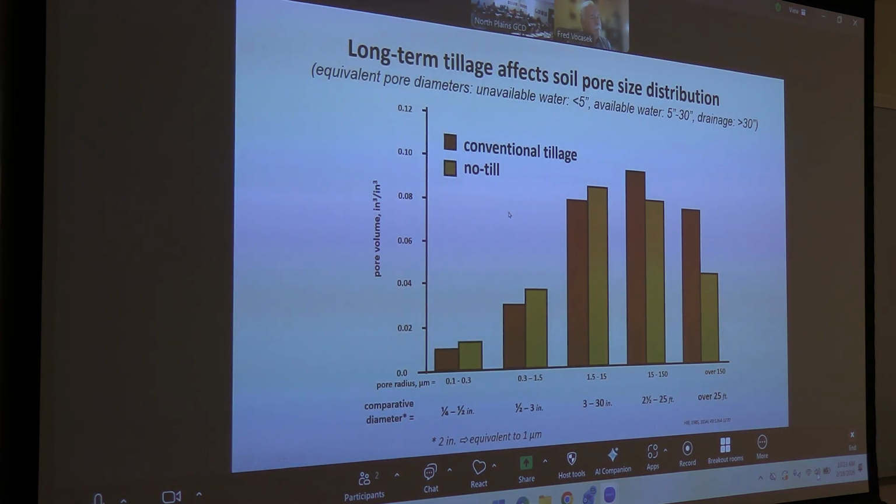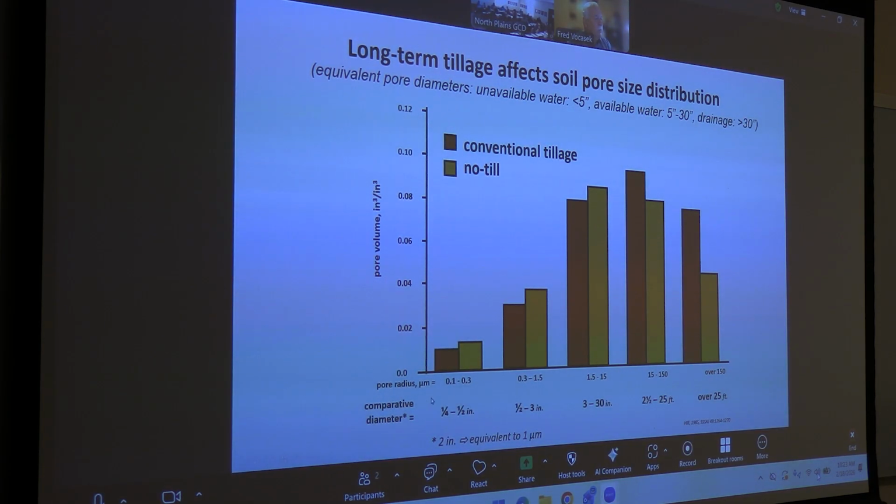This is a study I ran across that compared conventional tillage to no-till, looking at the long-term pore size comparison. The dark brown bar is the conventional, I'm assuming plowing, chiseling, working it. The light brown bar is no-till.